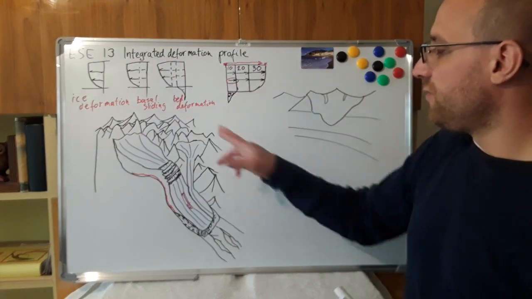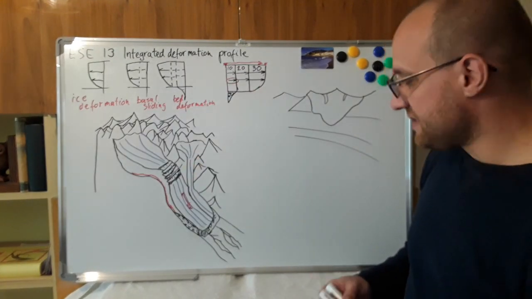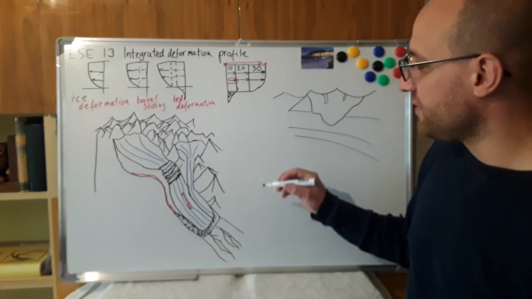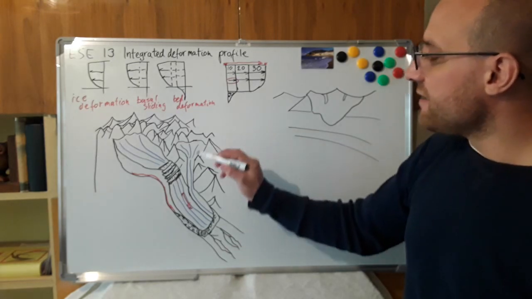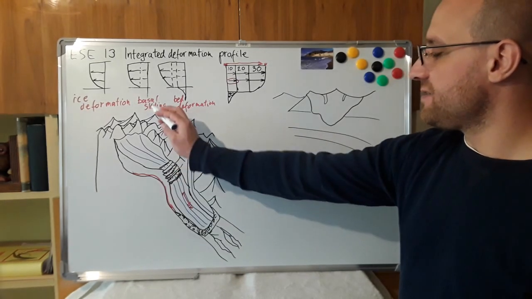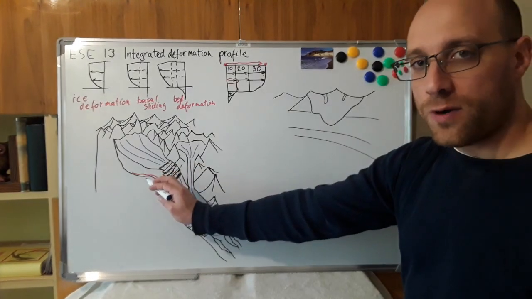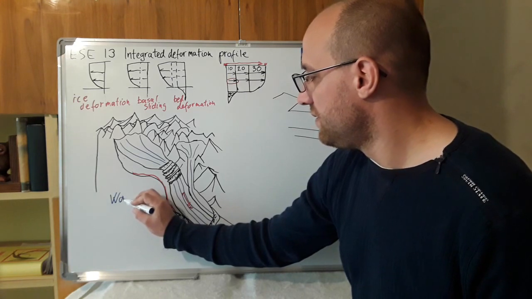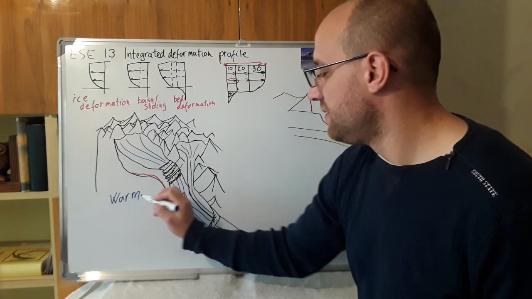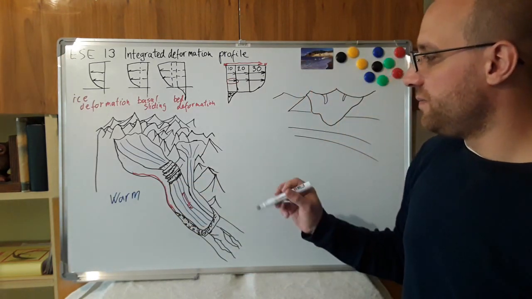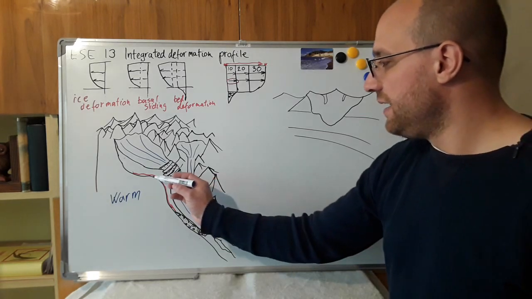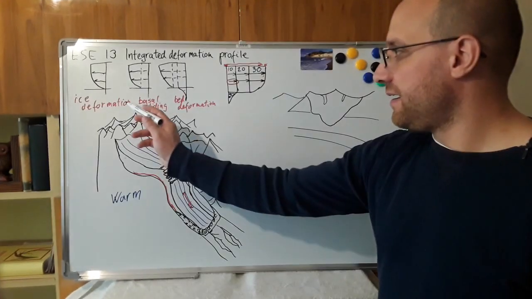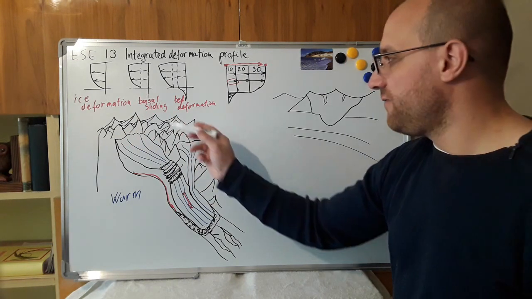And so for this case, I'm just going to draw this again very quickly, the integrated deformation profile. If I say that there is basal sliding because it's a warm base, so I put here warm. We're talking about a warm base glacier, and we also say that ice deformation will often happen in itself.